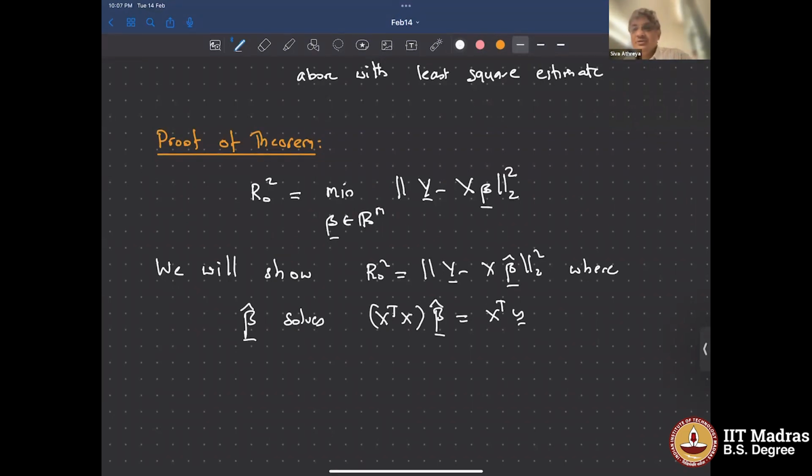Okay, so some crucial remarks. Even if you're not mathematically inclined, especially for applications, you must be careful that beta hat is not unique. The solution set may not be unique.